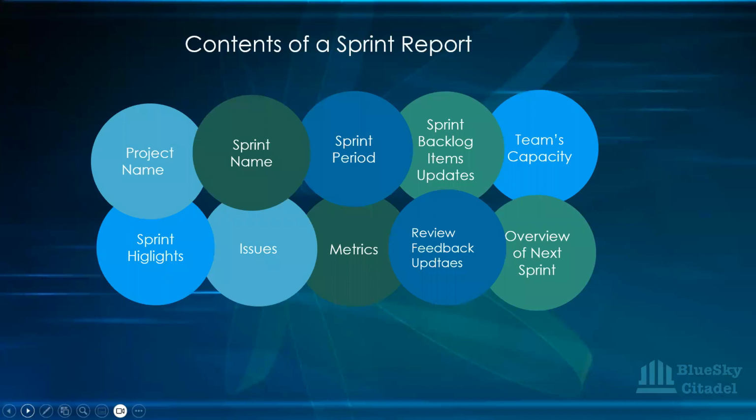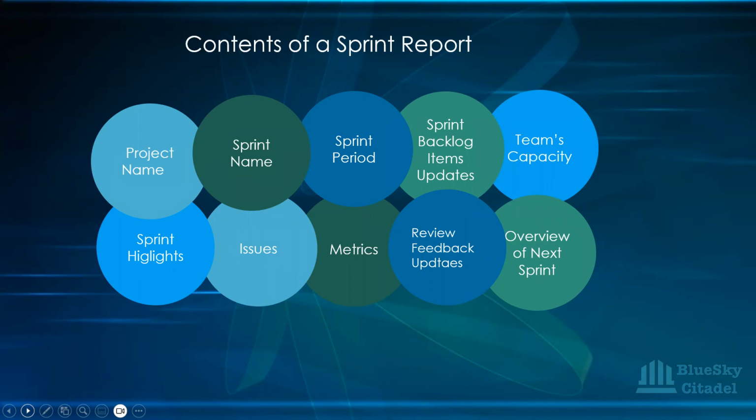Your sprint report is also prepared in both text and charts, for better understanding, and is submitted to the relevant audience that we will see later on. It's given out at the end of the sprint. So you don't submit a sprint report at the start of the sprint, because then you won't be able to give a summary. So it's done at the end of the sprint.